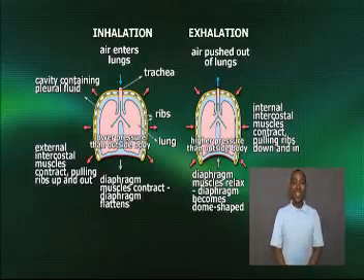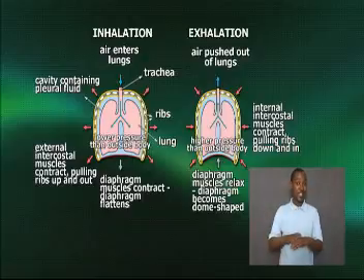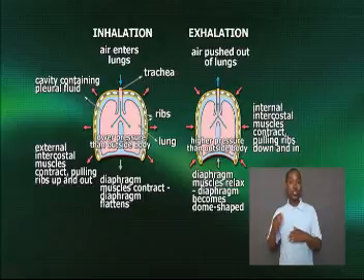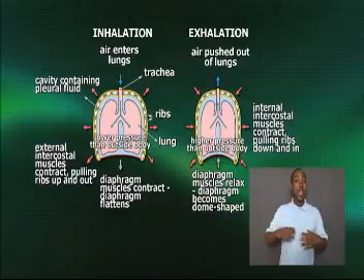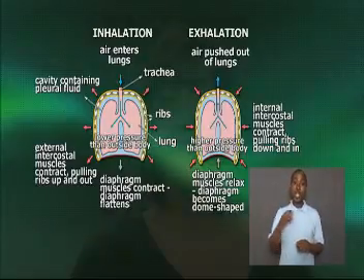When breathing in, the intercostal muscles pull the ribs up and out, while the diaphragm flattens. When breathing out, the intercostal muscles drop the ribs and the diaphragm curves into a dome shape. Did you write down the same answers? If so, well done.